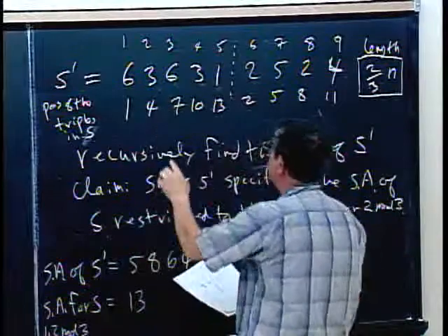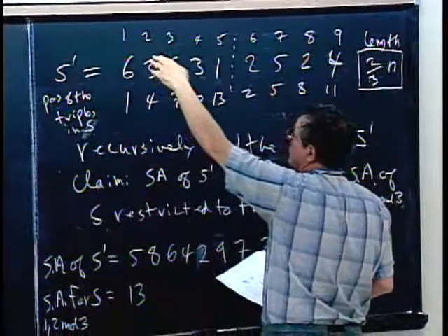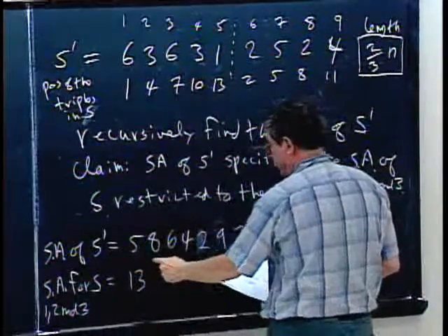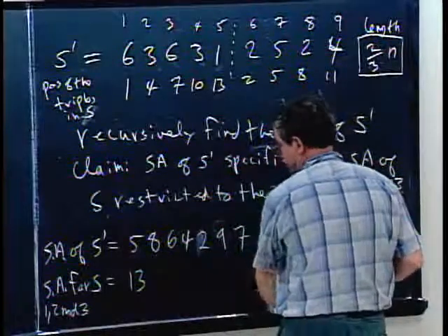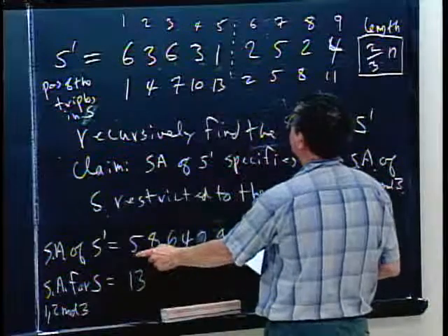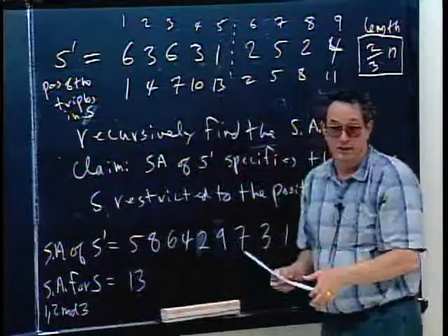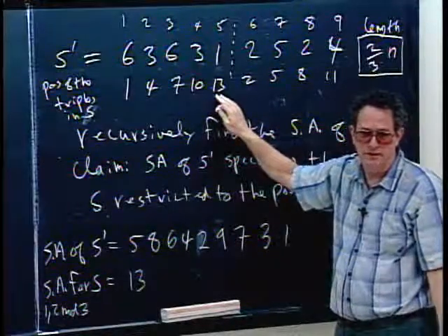Sorry, where the 8 is. Yeah, this is 5. Position 5 is really position 13 in S. Does that make sense?